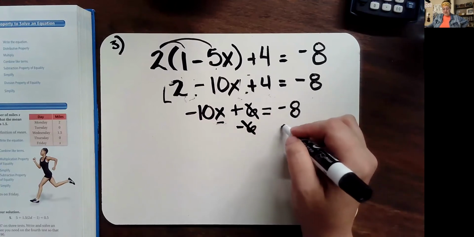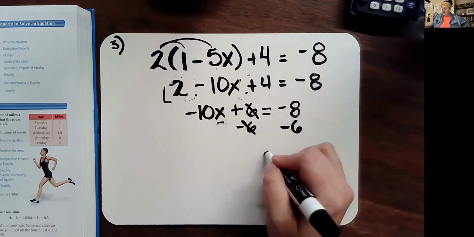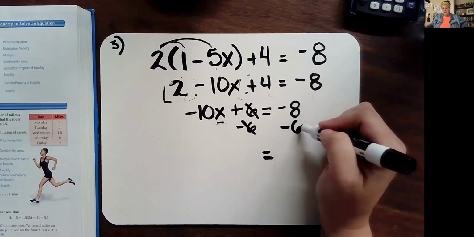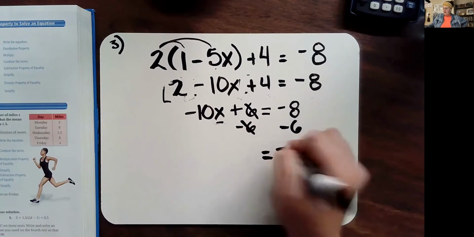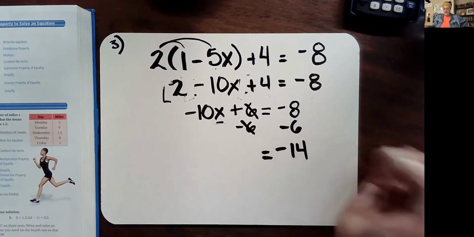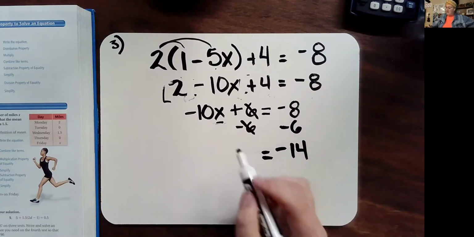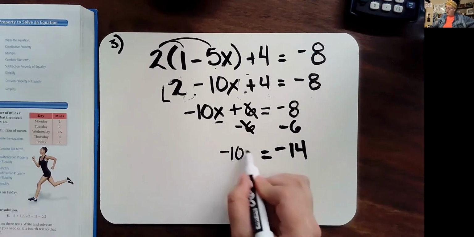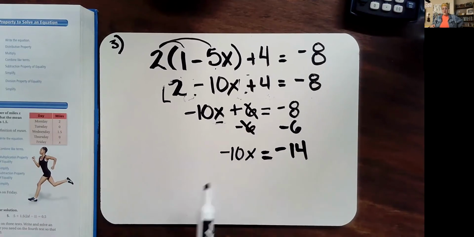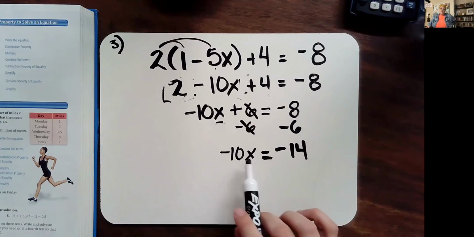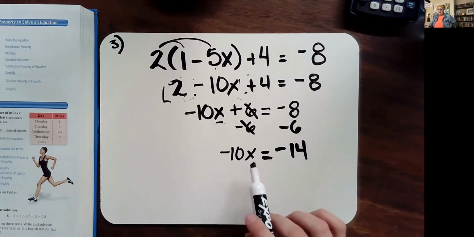So -8 minus 6. I'm going to keep our equal sign. -8 minus 6 is -14. And then we haven't done anything to our -10x, so that's going to stay the same. But now we can do our inverse operation of multiplication of -10 times x.